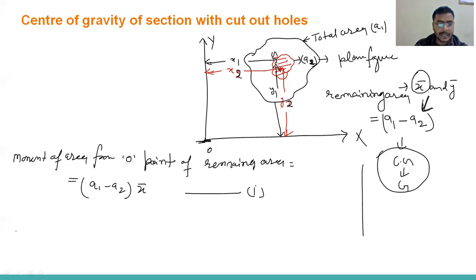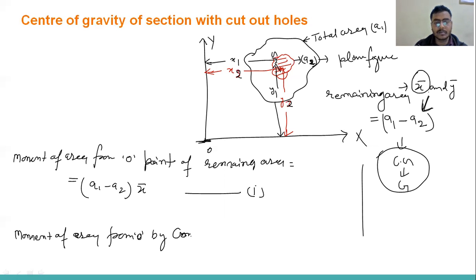Now let's calculate the moment of area from O by considering the total area and the missing area, we can say.